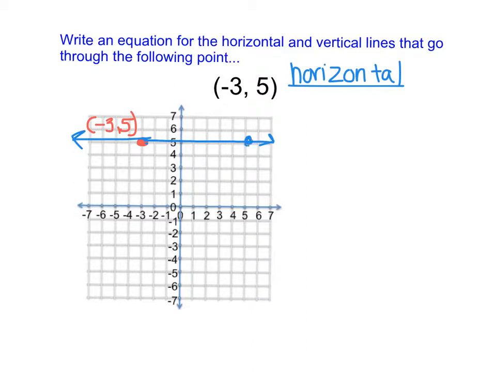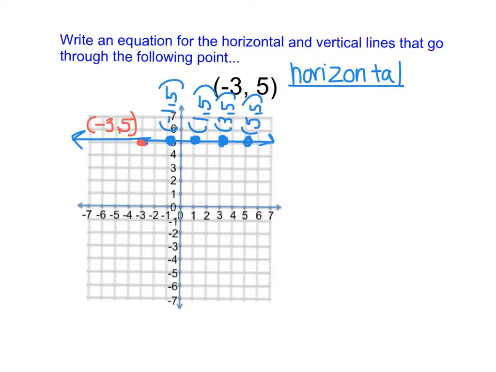If I look at this point here, x is 5, y is 5. At this point here, x is 3, y is 5. This point here, x is 1, y is 5. At this point here, x is -1, y is 5.